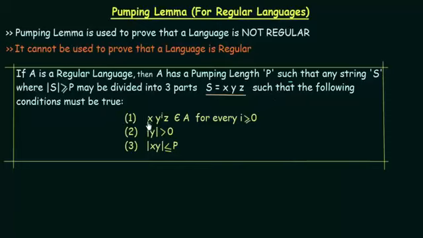And what are the conditions? XY^iZ belongs to A for every i greater than or equal to 0.